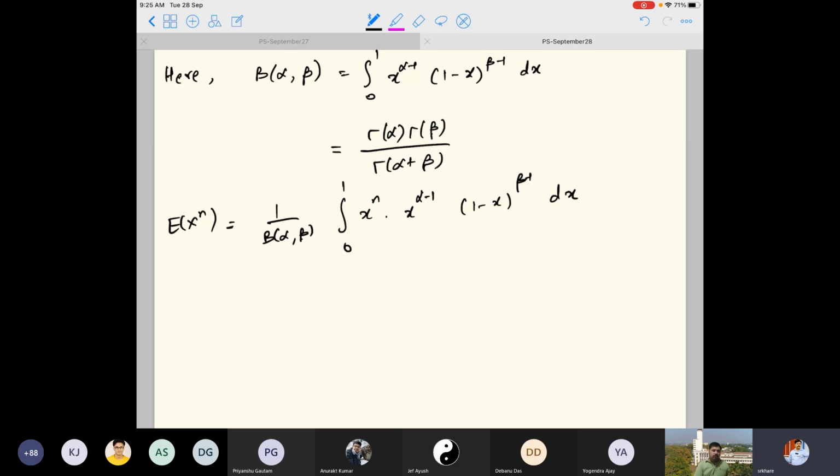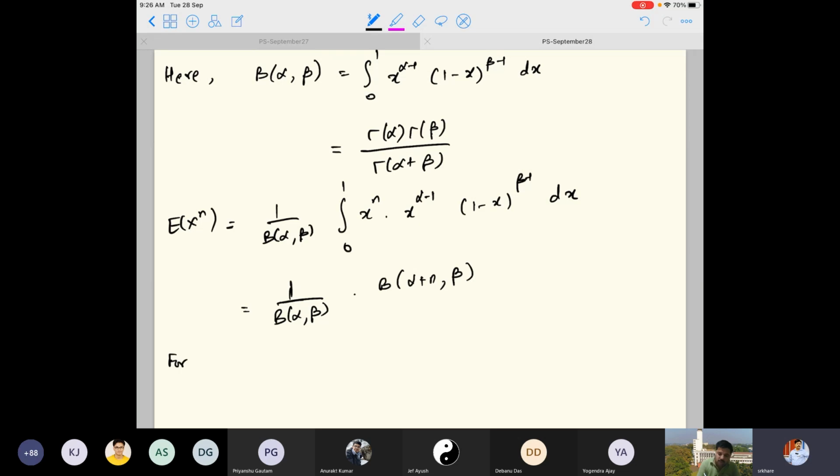Because the evaluation of this integral is B of alpha plus n, beta. Correct? And once you have this, with gamma alpha gamma beta divided by gamma alpha plus beta, your job is done.